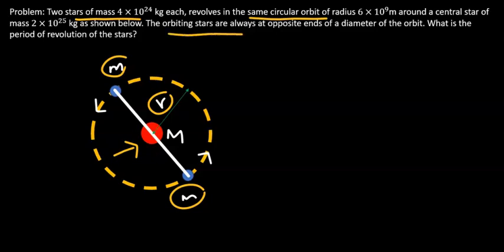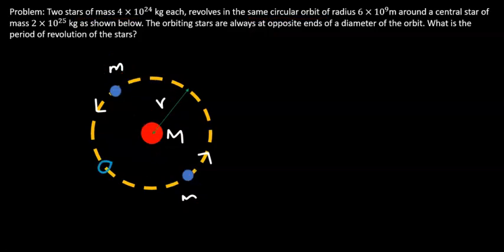The orbiting stars are always at opposite ends of a diameter of the orbit, as you can see represented by this white line. So what that means is, at a later time, one of the stars is here, the other star will be there, namely at the opposite end of the diameter of the orbit. What is the period of revolution of the stars?